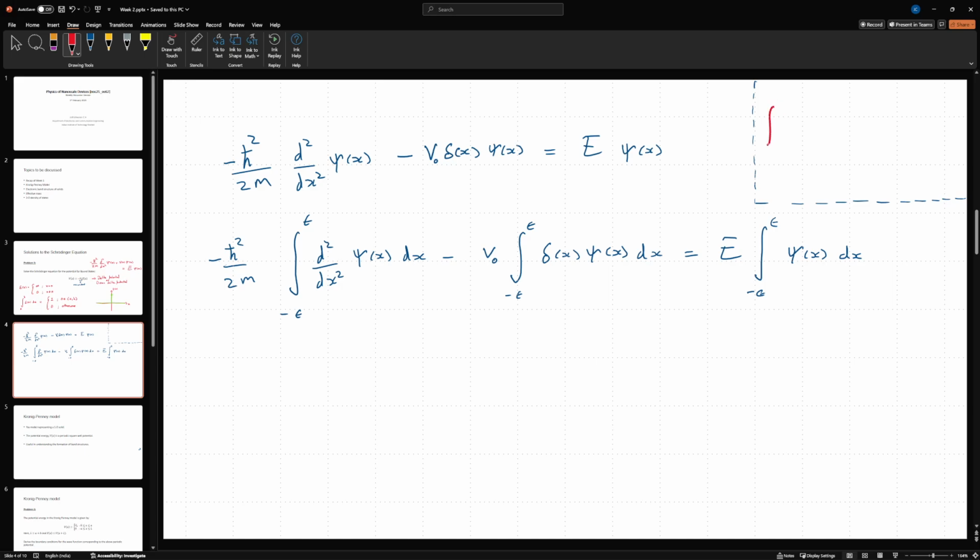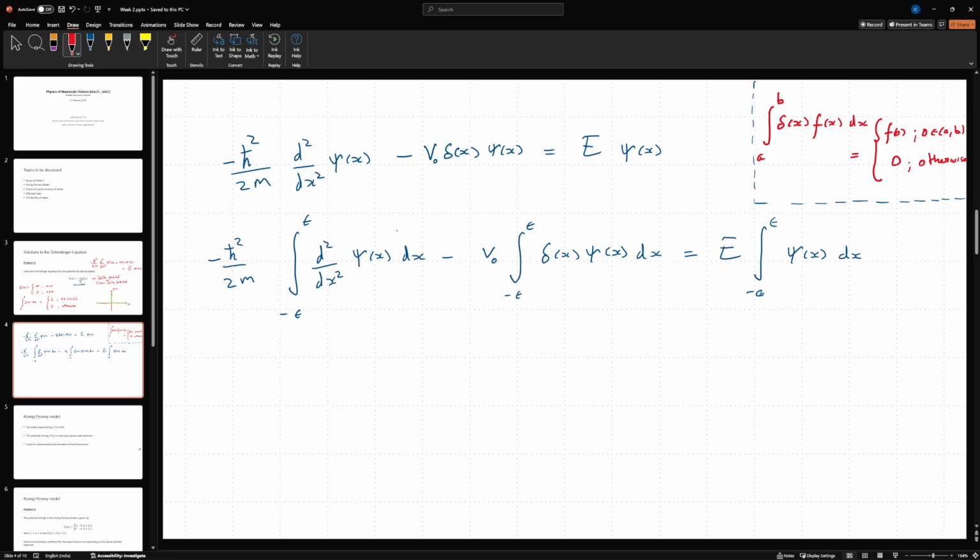If I have the integral from a to b of delta of x times any function f of x dx, then that integral also has two possible values: f of 0 if 0 belongs to the interval a, b, and 0 otherwise. If we are integrating from minus epsilon to epsilon, then 0 definitely lies in the middle, so we know how to integrate this.